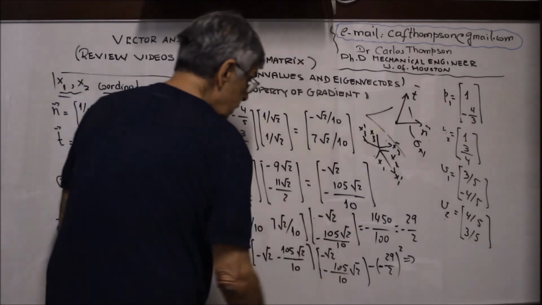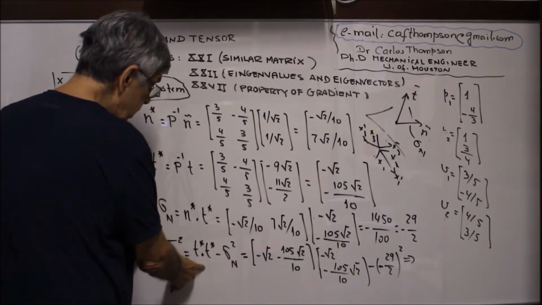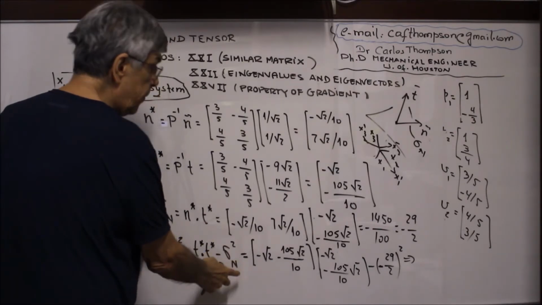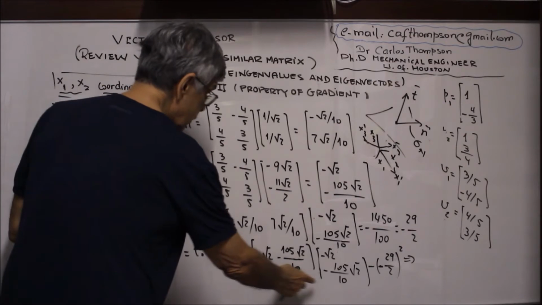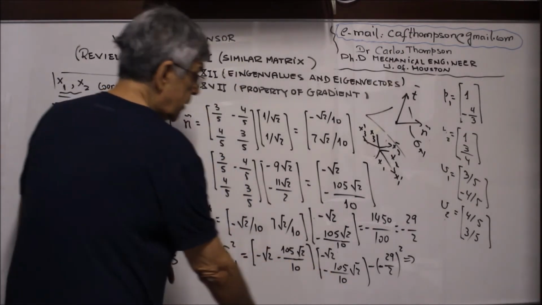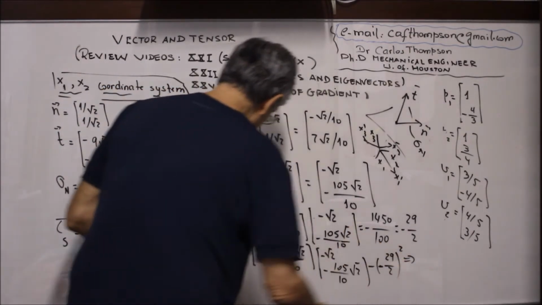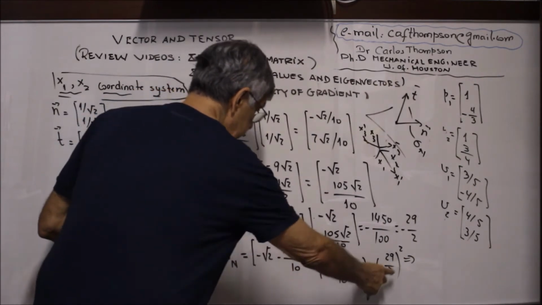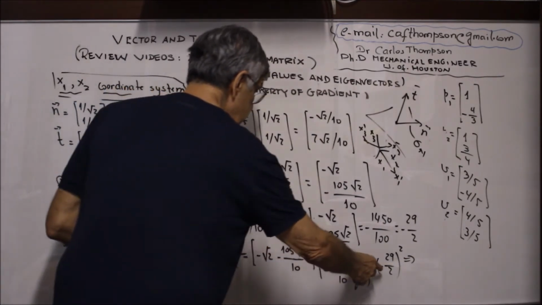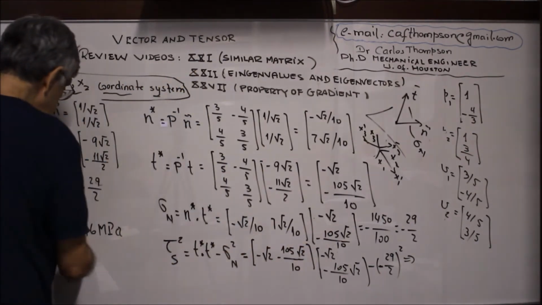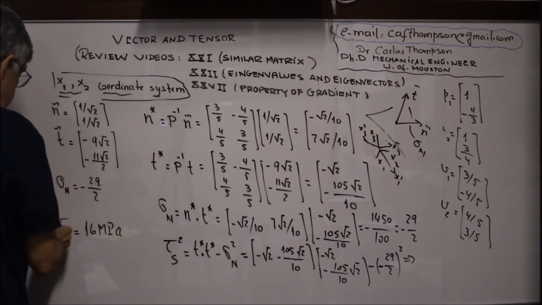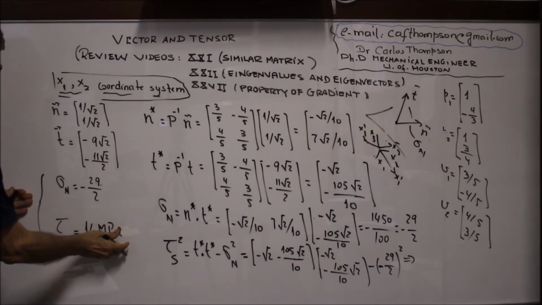So this is the same. Tau s squared, you see, minus sigma n squared. This is minus 29 divided by 2, squared. These are those numbers. Now minus this, tau s squared will be all this number over here, which is exactly the same as we did before. So the square root will be like this. So these are the same, you see?